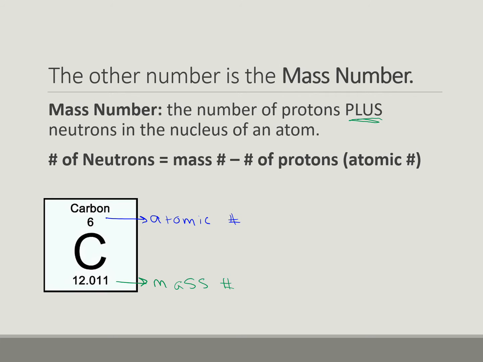So to find neutrons, all you have to do is take the mass number and subtract it by the protons, which is also the atomic number. So we take the mass number, which is 12, and we subtract it by the atomic number, which is 6, and we get 6 neutrons for carbon.